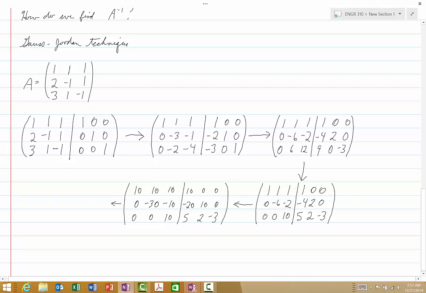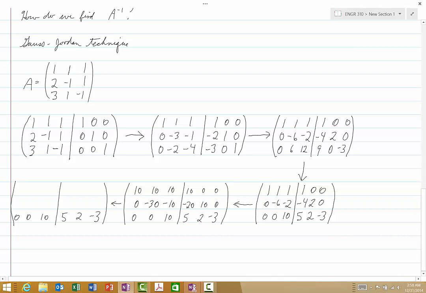So let's see what happens when we do that. In the spirit of doing everything backwards, let me go ahead and write the last row. So we have 0, 0, 10, 5, 2, negative 3. Just think of all of this as being the backwards process of what we've done already.